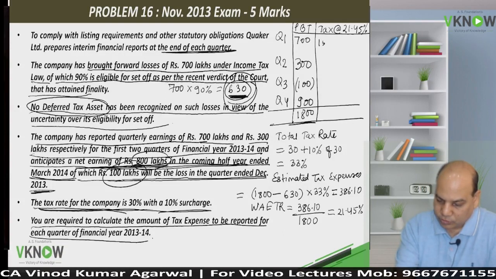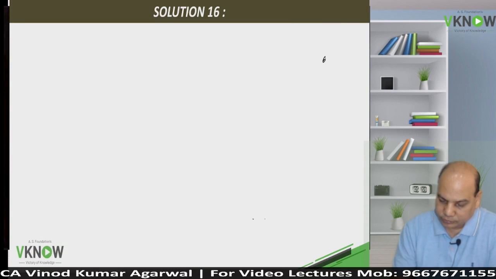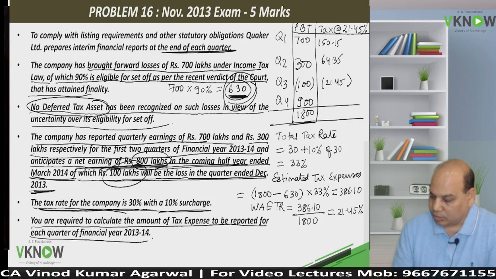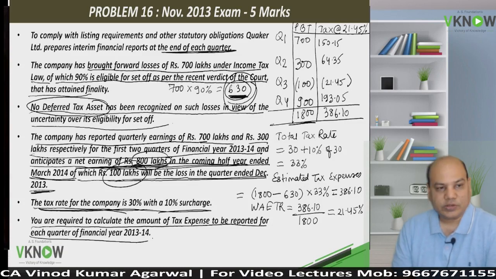So that comes to 150.15, 64.35, 64.35 (negative, in bracket), and 193.05, and this total will match to 386.10. You can check the total.